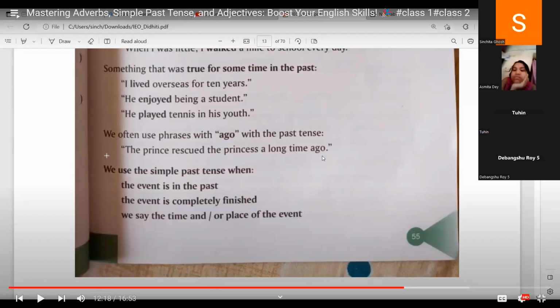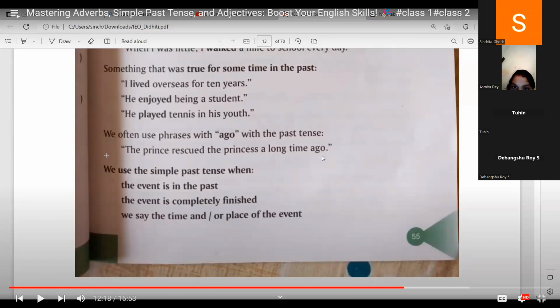Yes, ma'am. Some years ago, China was the most populated country of the world. Very good. Excellent, Tuhin. Super.